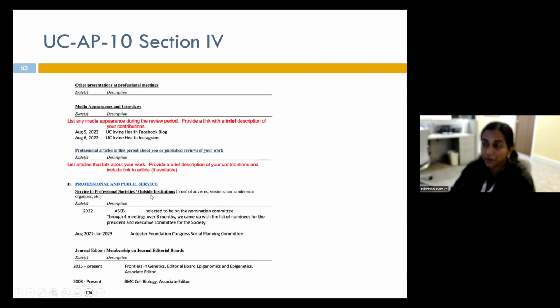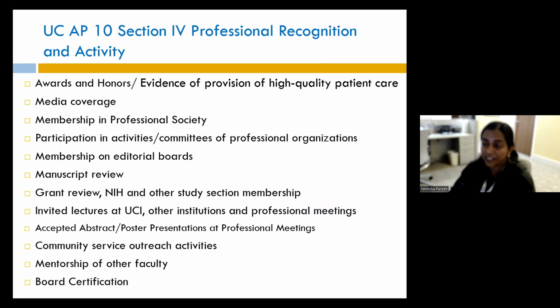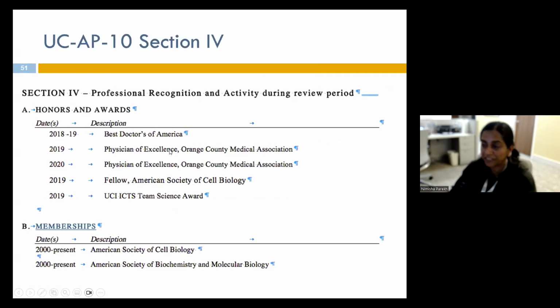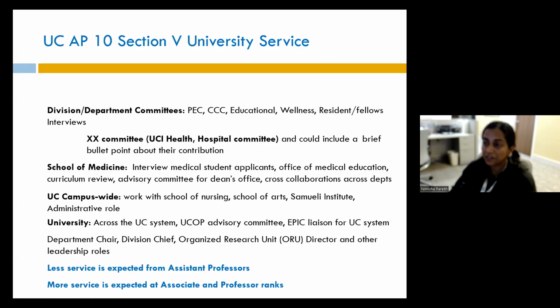So remember, section 4 highlights your professional activities, and a lot of it is focused more on outside institutions and professional organizations. Now, section 5 is dedicated to what you're doing at the university. For a lot of HS faculty, remember that may be division and department committees. So if you sit on your PEC, CCC, wellness, DEI, educational committees, curriculum committee, this is the section you put it on.